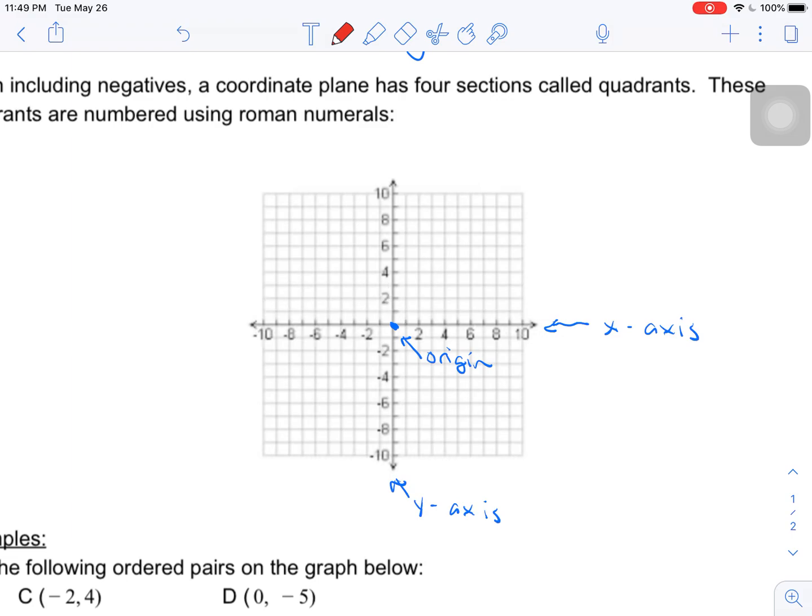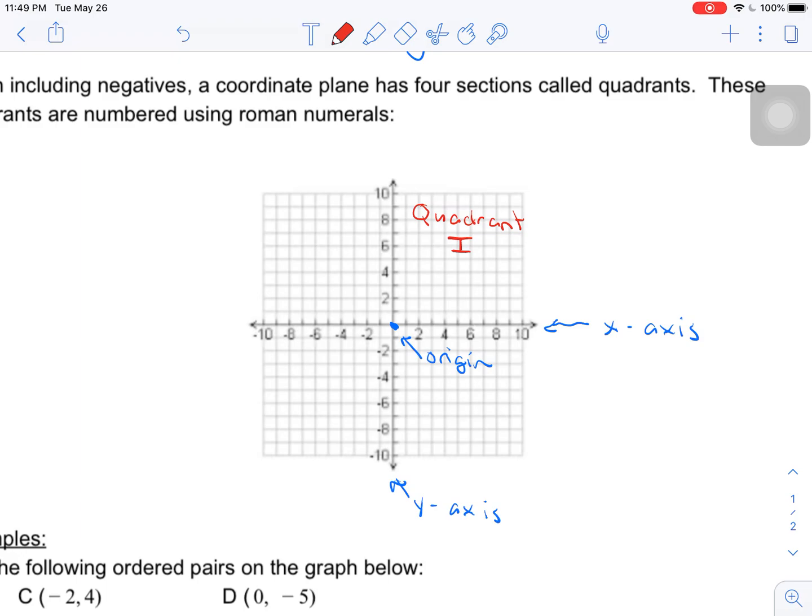We use that part of the graph more than anything. So this top right quadrant is quadrant 1. But again, we don't write it with the number 1, we write it with the Roman numeral for 1. So this is quadrant 1, and the Roman numeral for 1 is a capital I. From here, they are just numbered off in order.